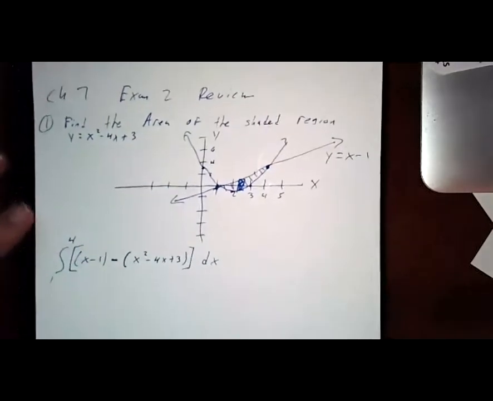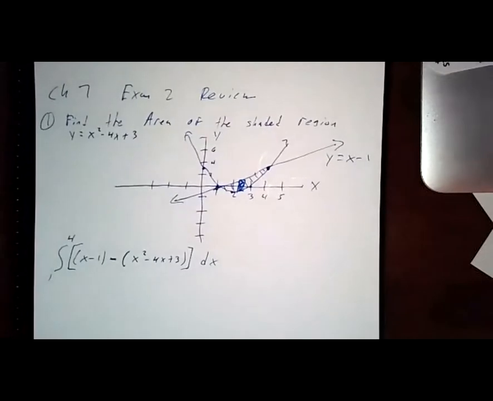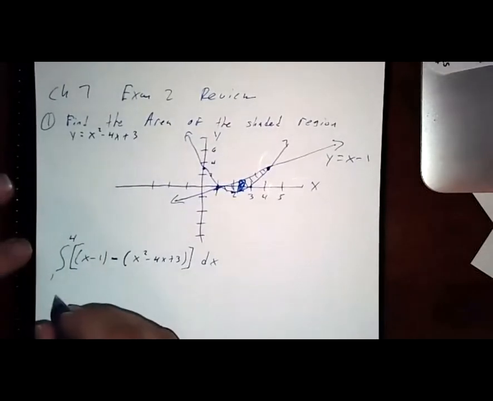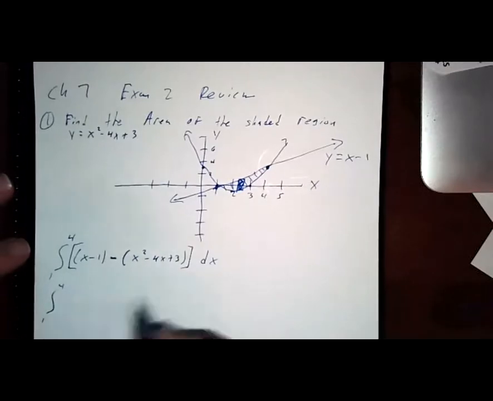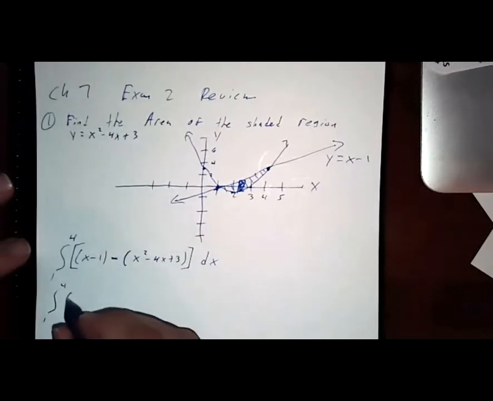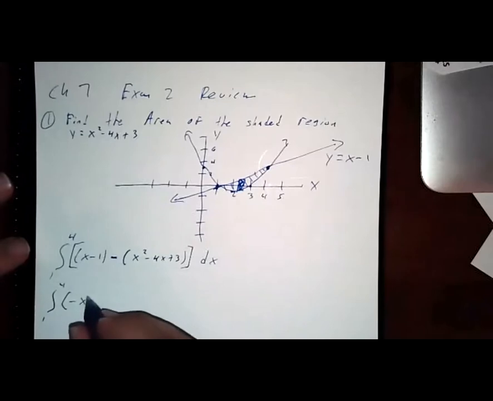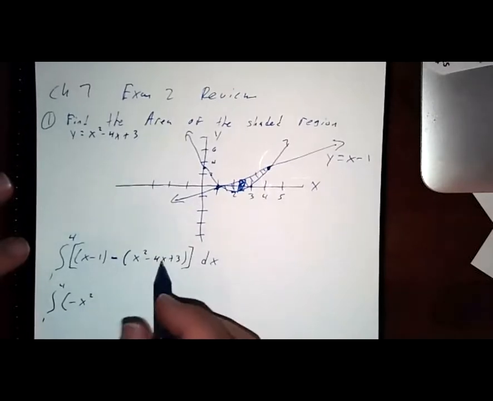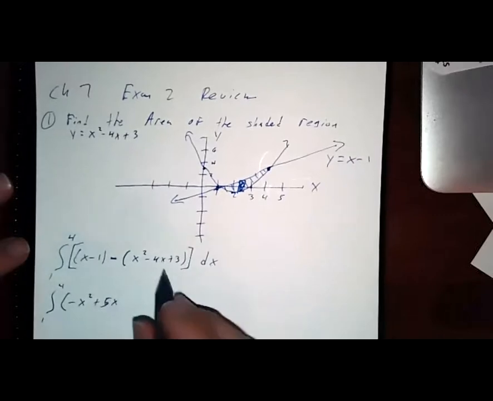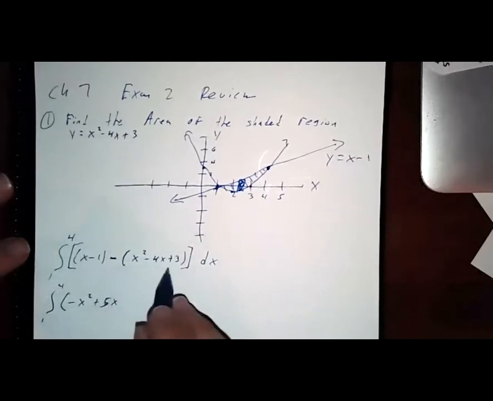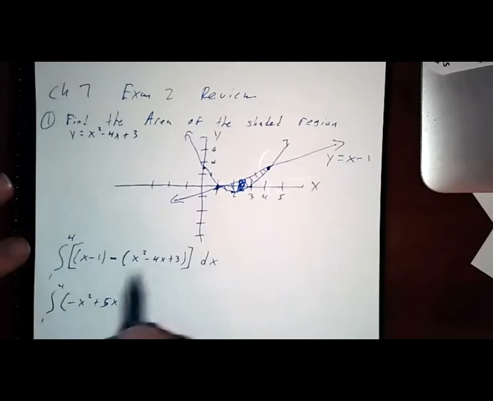Okay. So start off, simple question like this. Let's see what happens. 1 to 4. So we subtract that and we would get negative x squared plus 5x, 5 minus 4 is plus 4. 1 plus 4 is 5.